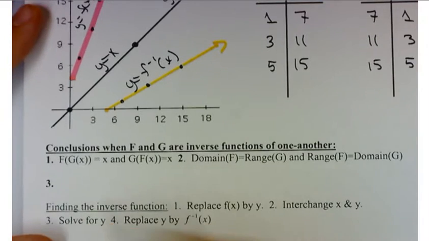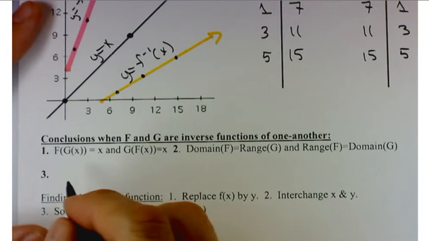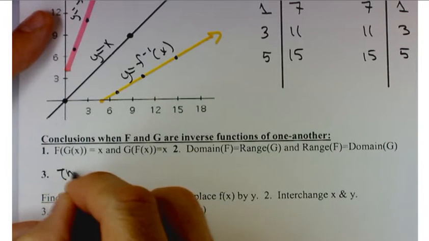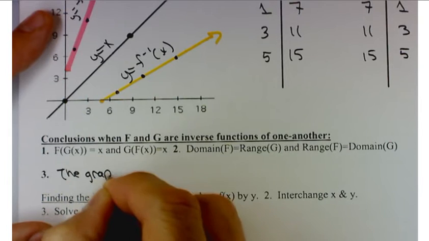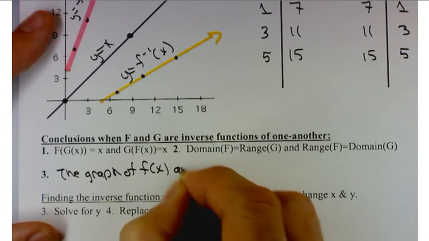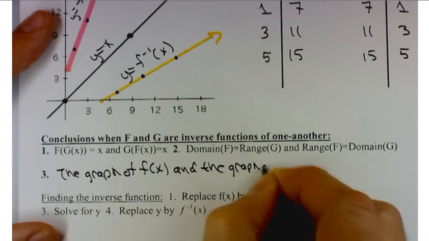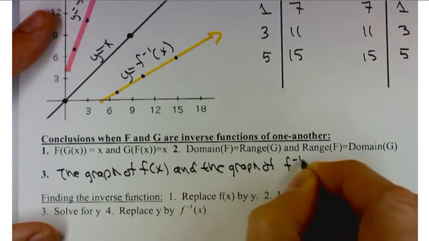Actually, there's 3 conclusions that I want you to have, and I left a blank here so that we can write that. The graph of f of x and the graph of f negative 1 of x.